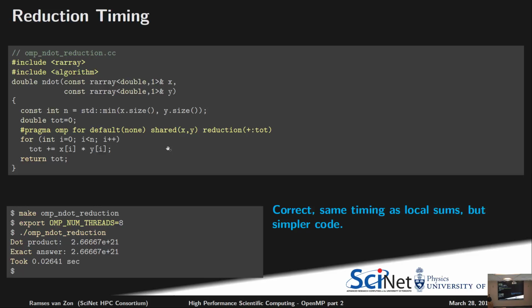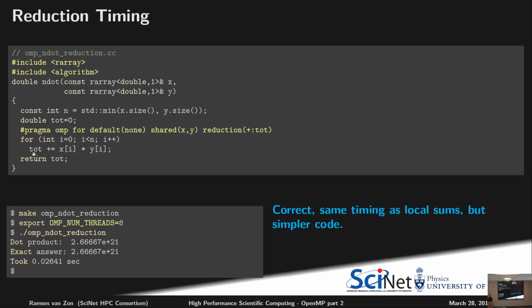So this looks mysterious, but what it does when it hits this reduction is it creates local tots. These local variables, these local sums, they will probably live in registers. So this tot inside of the region really only refers to a private variable. It's not shared.